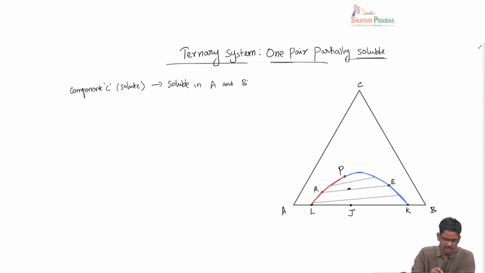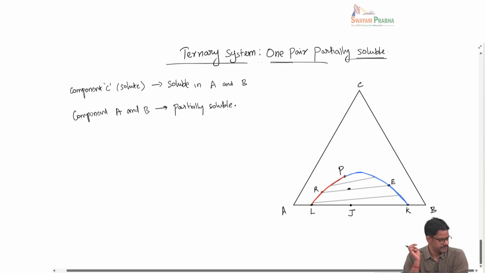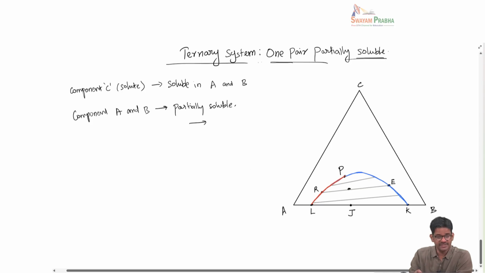However, the species or components A and B, these are only partially soluble, and it happens that if you mix A and B, it will phase separate with a small amount of B existing in A and a small amount of A existing in B. So basically this will lead to phase separated phases with an A rich phase and a B rich phase.